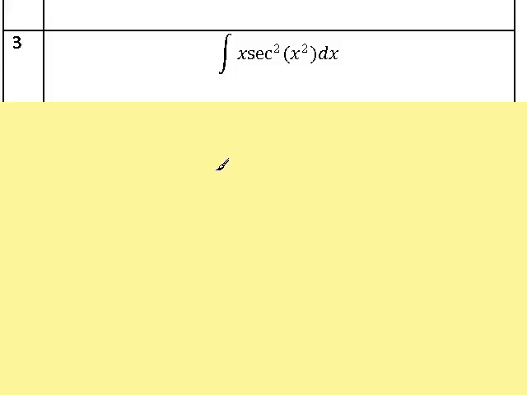Here again we have an inner function. x squared is our inner function, and the derivative of x squared is 2x, and we have an x here on the outside. So again, that's a candidate for u substitution. We put u equal to the inner function and differentiate. Then solve for what we have: x dx.